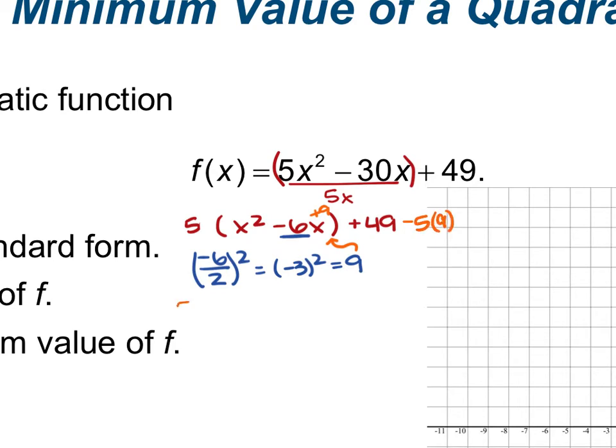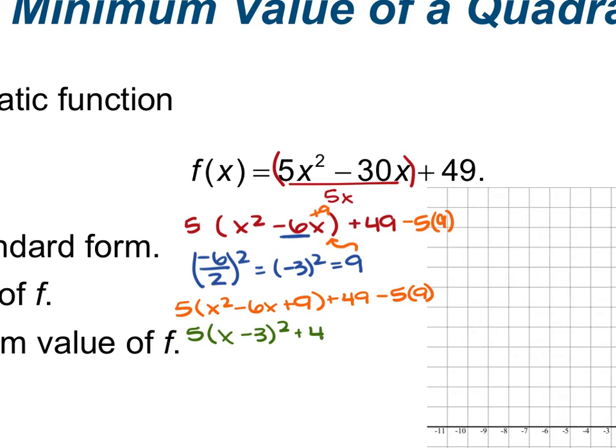So this is going to give us 5 times x squared minus 6x plus 9, plus 49 minus 5 times 9. So this is simplifying by doing 5 times, factor that trinomial, that's x minus 3 squared, add the 49 with a negative 45, that gives us a positive 4.